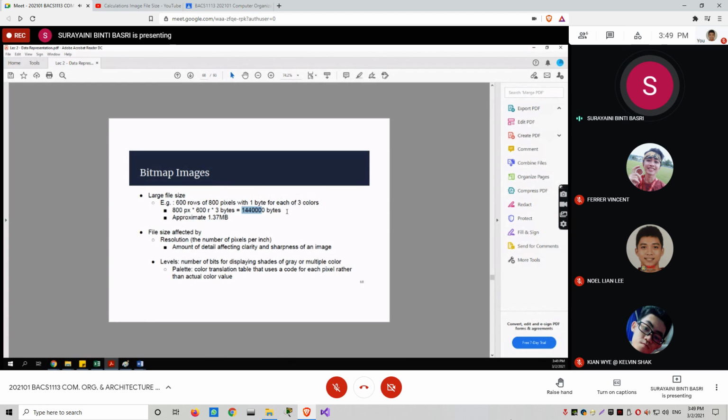This is only in kilobytes. So if you want to get the megabytes, you divide the answer in kilobytes again by 1024. So the answer will be 1.37.